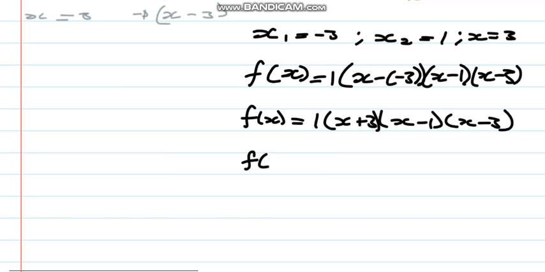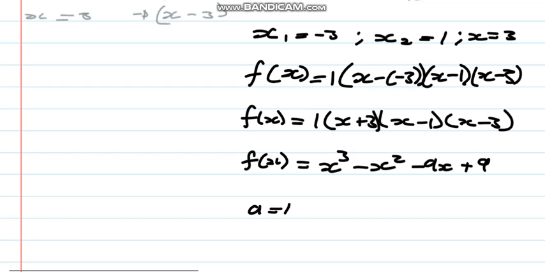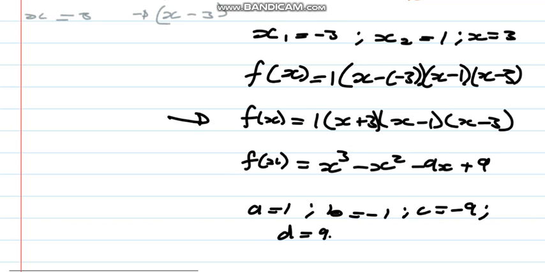If you multiply all that expression out, you will get x cubed minus x squared minus 9x plus 9, which means that your a is equal to 1, as we earlier found, your b is negative 1, your c is negative 9, and your d is equal to 9. Your task here in this class is just to multiply that out and verify my answer. That's it from me, guys.